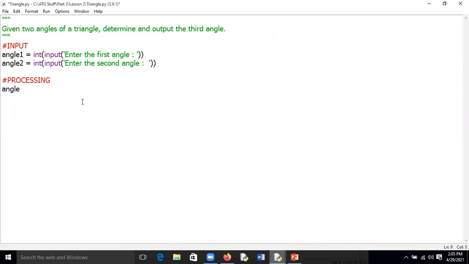So let's go with angle 3 is assigned 180 minus, and we're going to add these two angles. So it's going to be angle 1 plus angle 2, right? You're going to subtract it from 180, and you're going to get the third angle. That's your remaining angle.